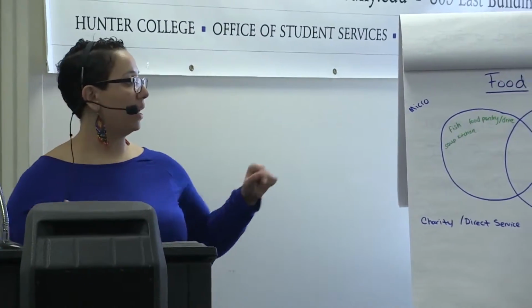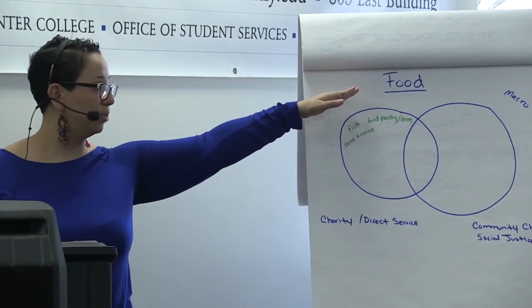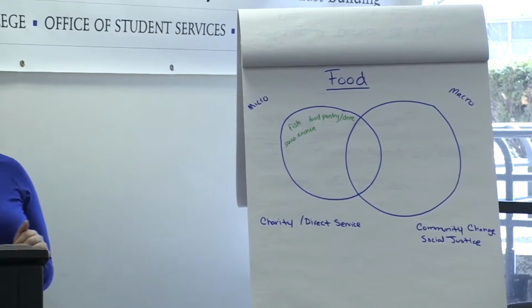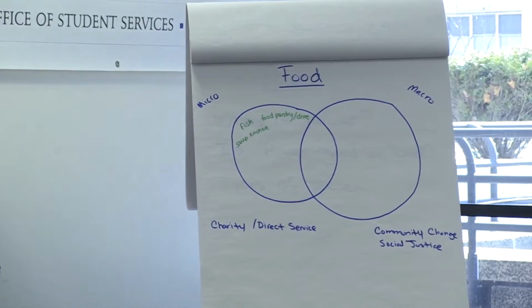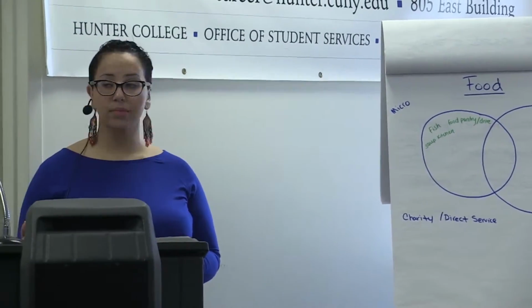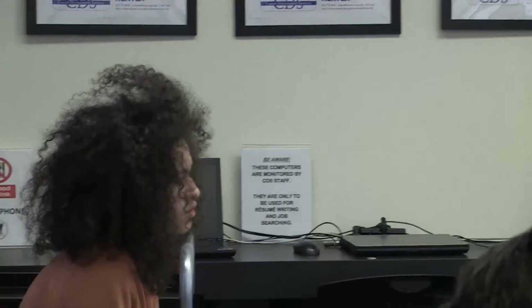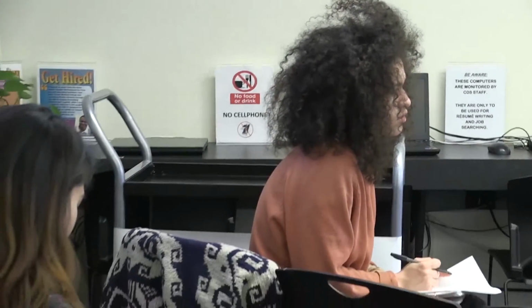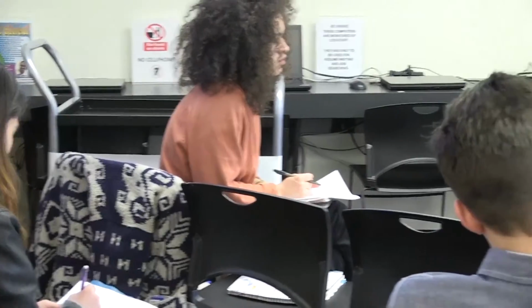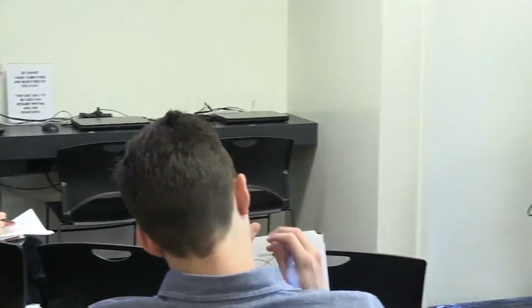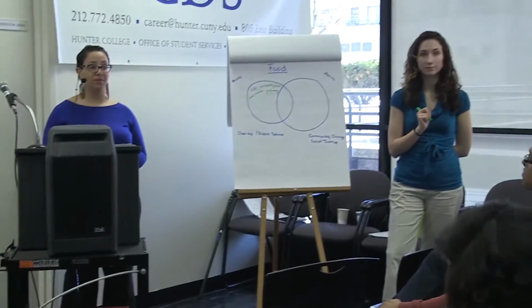Now we're going back to our issue of food. What are examples of charity? Giving money, literally taking money out of your pocket and giving 50 cents or $1 or $5. How about cooking a meal for someone?